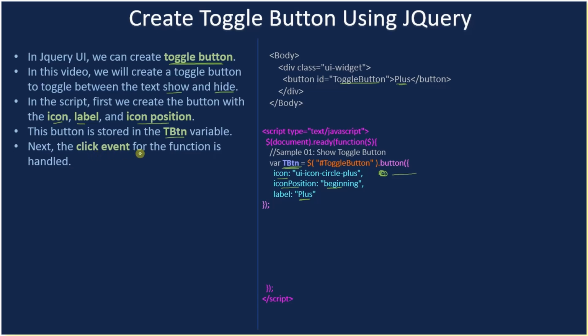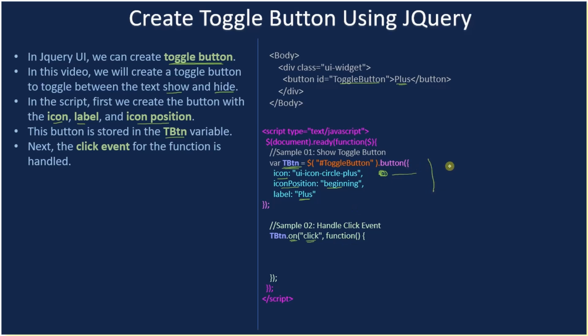Next, the click event for the button is handled. We have this tbtn, right? Here, if you see, the tbtn on method, right? This is the jQuery on, and what we are handling is the click, and here is the function.